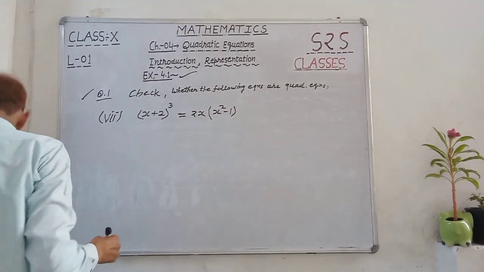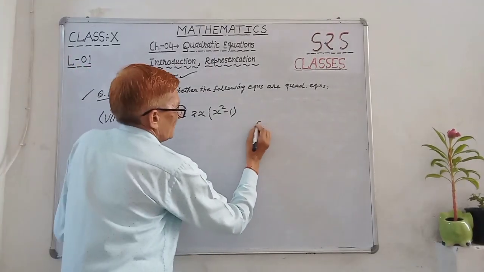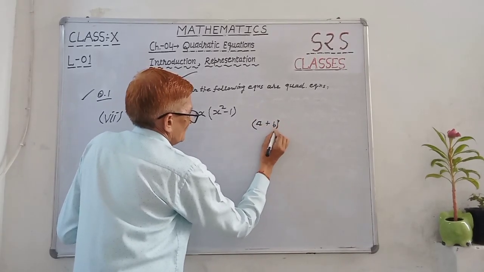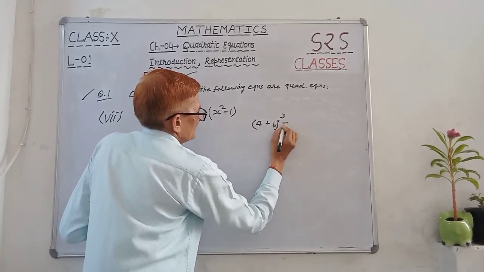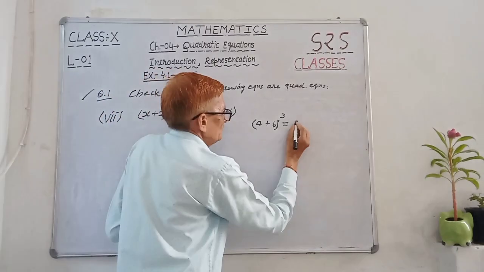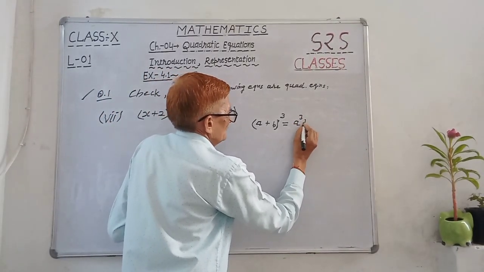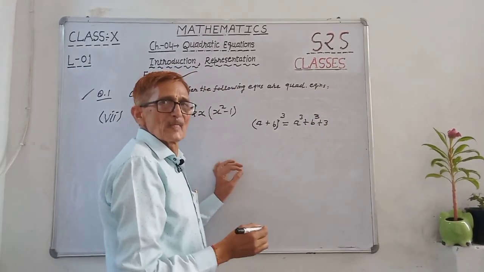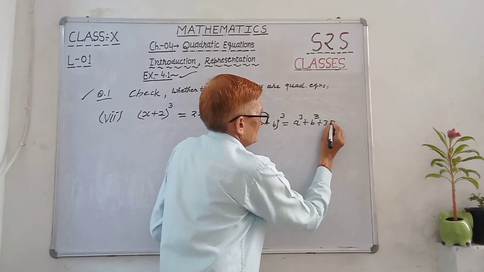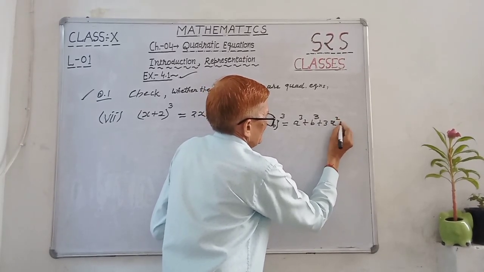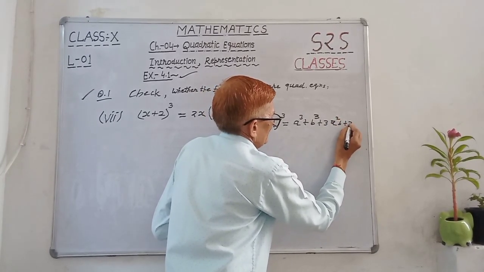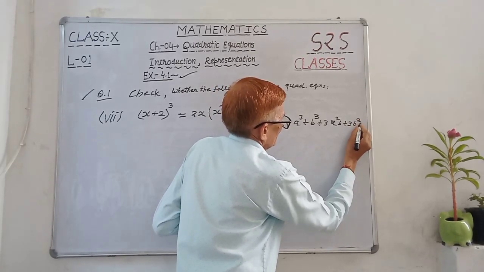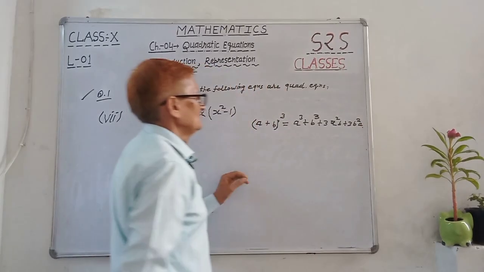Now simplify this. The whole cube formula: (a plus b) whole cube is equal to a cube plus b cube, you know this, plus 3a square b plus 3b square a. Okay?